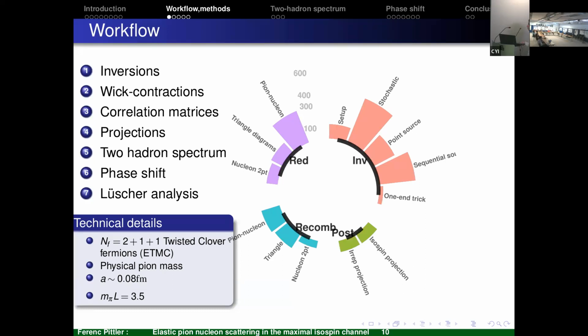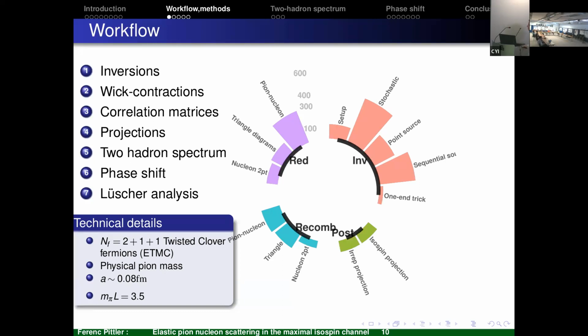We project these correlation matrices to irreducible representations, and then we calculate the two-hadron spectrum. From the two-hadron spectrum we get the phase shift, and from the phase shift, the parameters of the resonance.